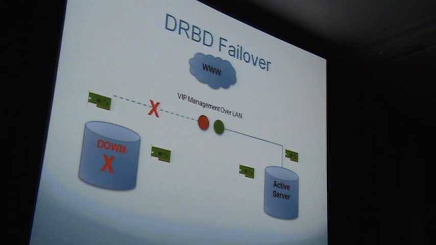So what happens during a DRBD failover is all of a sudden, the active server goes down for one reason or another, catches on fire, and Heartbeat would say, oh, I can't connect to the server anymore, so I'm just going to fail the floating IP, or VIP, over to the former passive server, which becomes the active server.